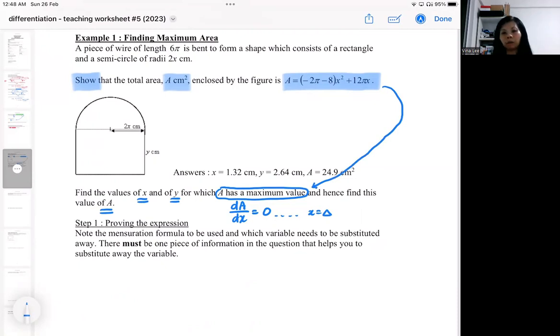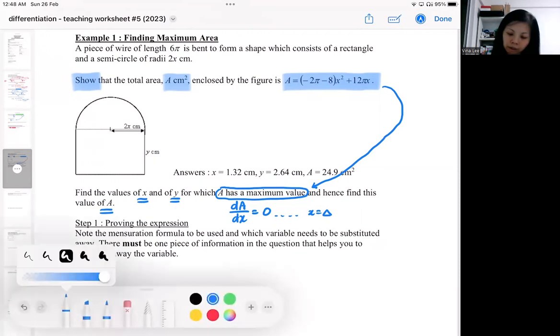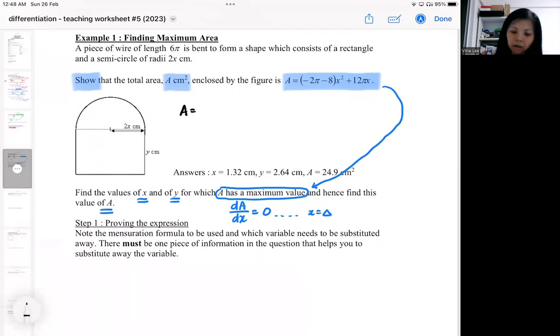Okay, but then what is the approach to doing that? So first of all, I will observe the area. So obviously the area is made up of the rectangle. So the rectangle will be 4x length and y breadth. And there will be the semicircle.